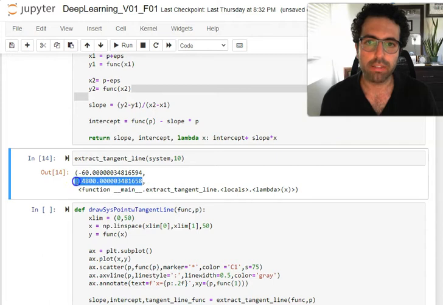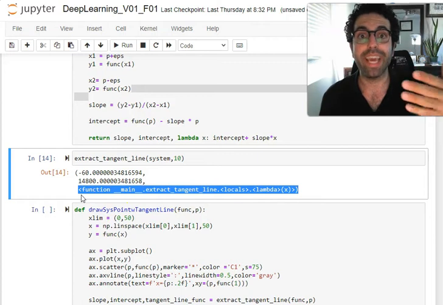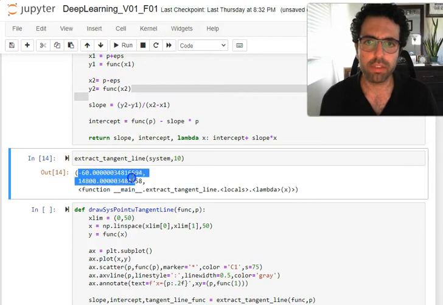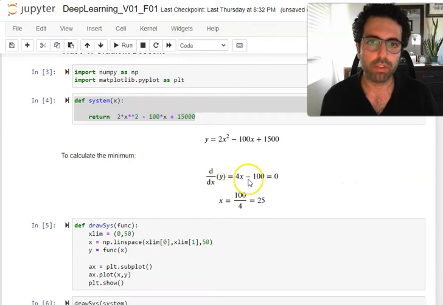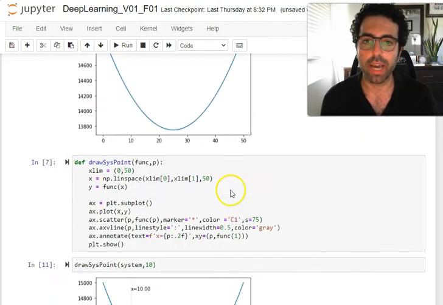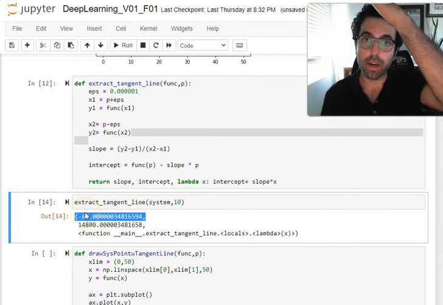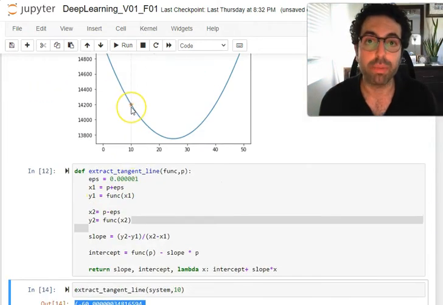The intercept of that line is this, and this is the function that would be able to calculate the value on that line if we give it x, right? So this negative 60 should be equal to whatever we put in this formula, 4x minus 100, right? So x was 10, 4 multiplied by 10 is 40, minus 100 is negative 60, right? So that's basically our approximation of the slope of this curve at that point. That's basically what a derivative is, right?